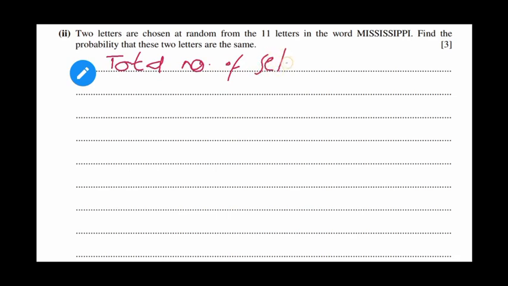So here we use combination or permutation to answer, and as it is selection we use combination. You see, we have to select 2 letters out of 11. So total number of selection is 11C2, which is 55.